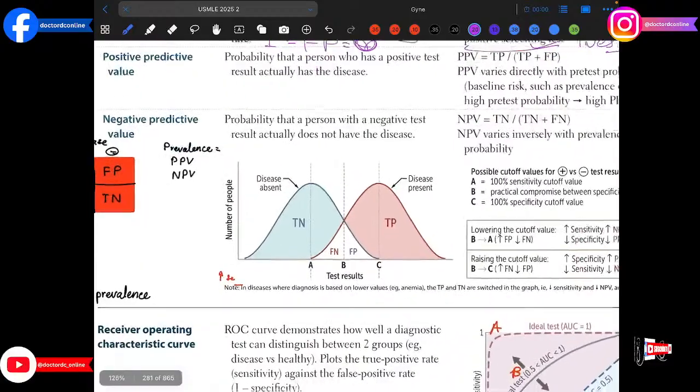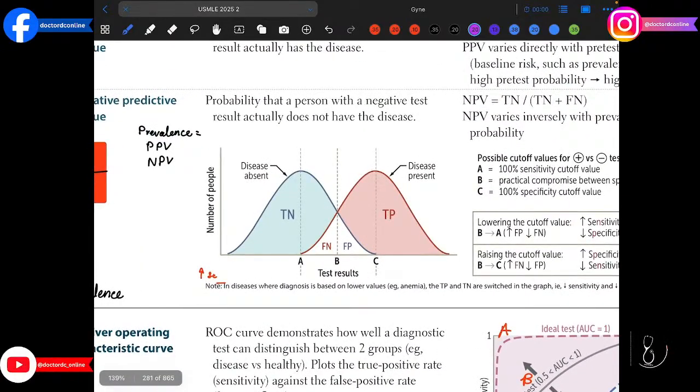Now this graph shows how you can shift the trade-off between sensitivity and specificity by adjusting the threshold of a positive test. This curve here represents patients without disease, and for our example, it will be no prostate cancer. And this curve here represents patients with disease, and for our example, it will be patients with prostate cancer.